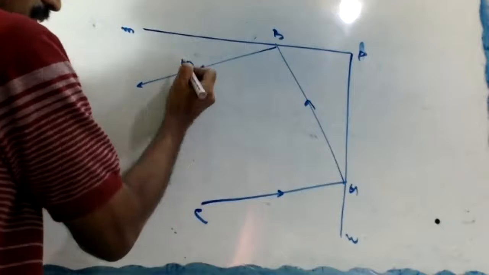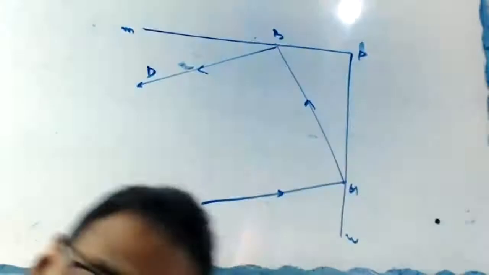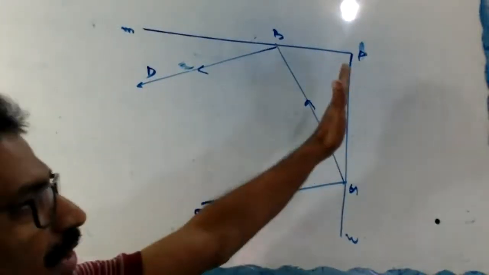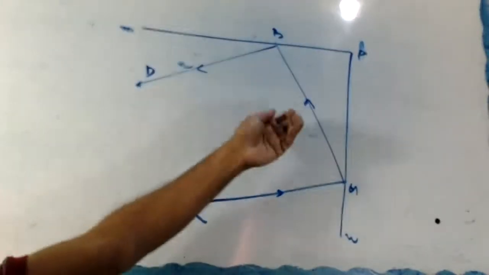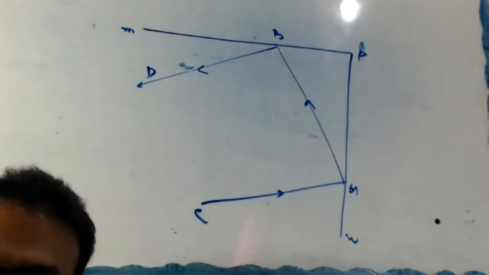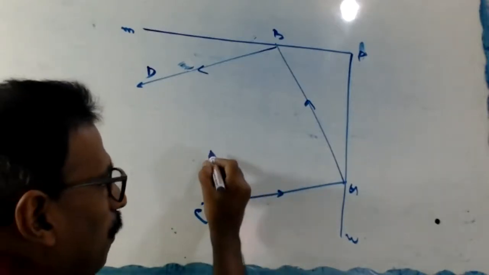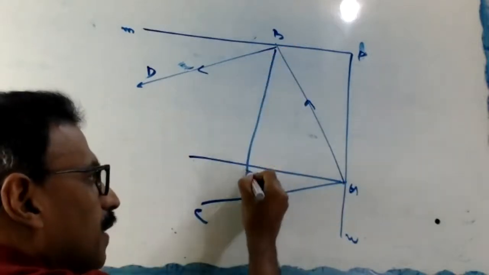You can do this experiment in physics, in the light chapter. You keep one mirror here, another mirror here, and an object there. Now look here. First of all, you draw a perpendicular here and a perpendicular here.